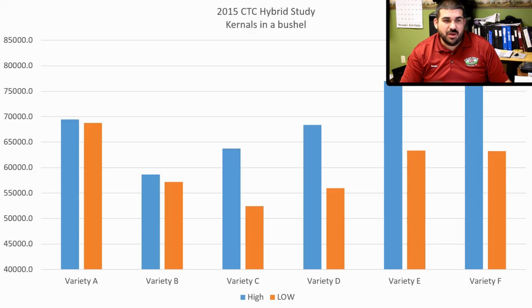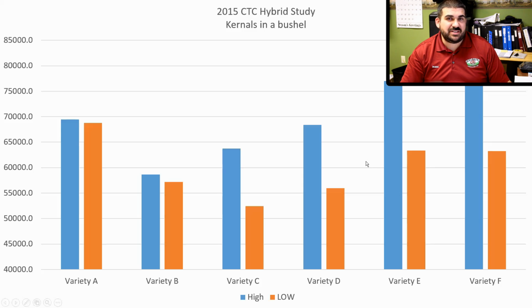And here, for example, variety A, we have our high and our low population. Size of the kernel, weight of the kernel does not change much at all. So we have around 70,000 kernels to make a bushel. It doesn't matter on the population. But when we get over here with variety C, D, and E, there are big changes in kernel size, kernel weight in some instances to create that bushel.